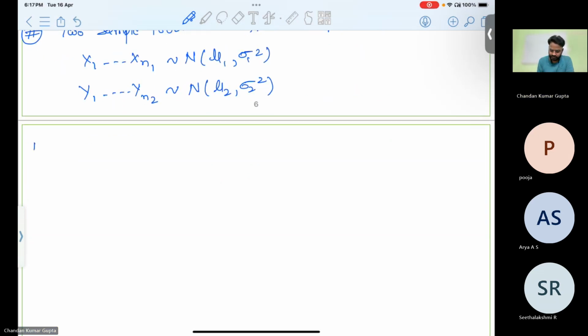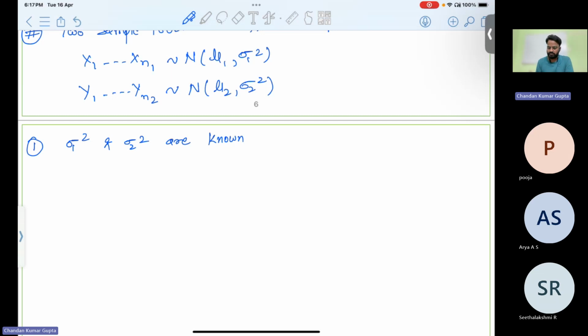First, sigma1 square and sigma2 square are known. Second, both are unknown and equal. Third, both are unknown and unequal. In these three scenarios, we define the test statistic in three different ways.